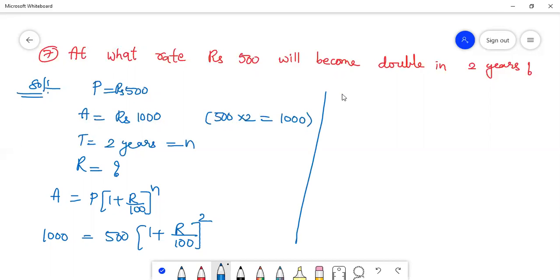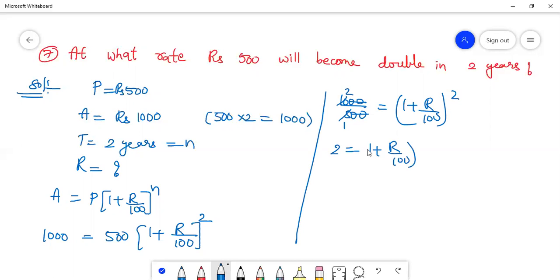Then cross multiply: 1000 by 500 is equal to 1 plus R by 100 whole square. 2 zeros cancel, 5 ones are 5, 5 twos are 10, so 2 is equal to 1 plus R by 100 whole square. Taking the square root on both sides, root 2 is equal to 1 plus R by 100. Root 2 value is 1.414, minus 1 is equal to R by 100.